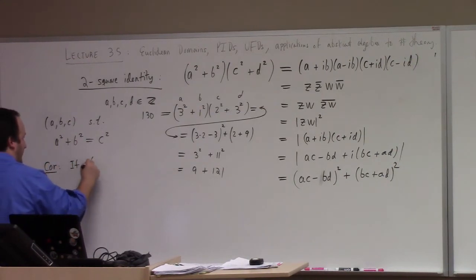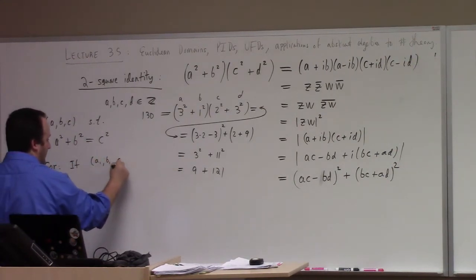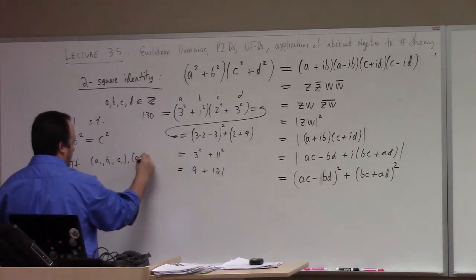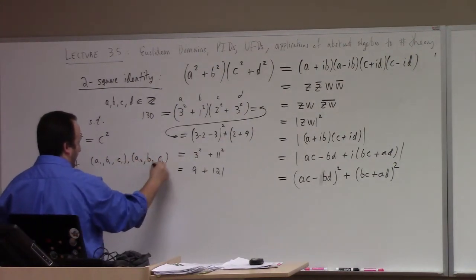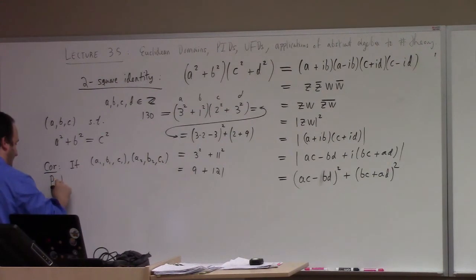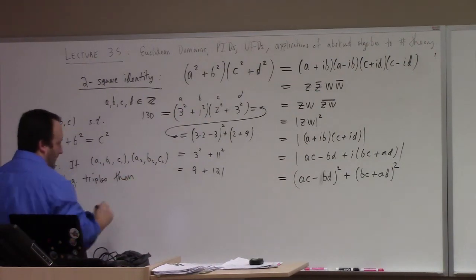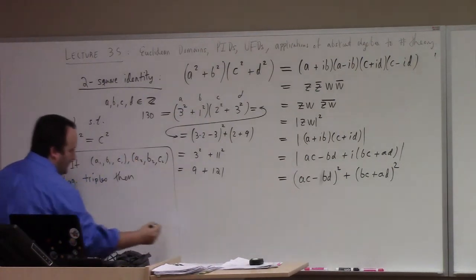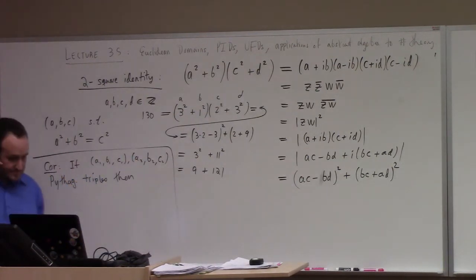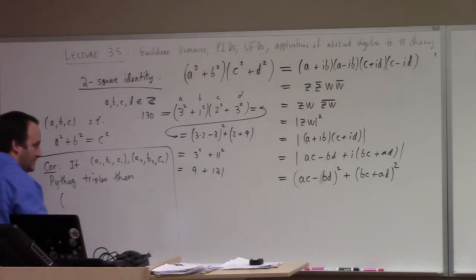If you have A1, B1, C1 and A2, B2, C2 Pythagorean triples, right, then what else is a Pythagorean triple?